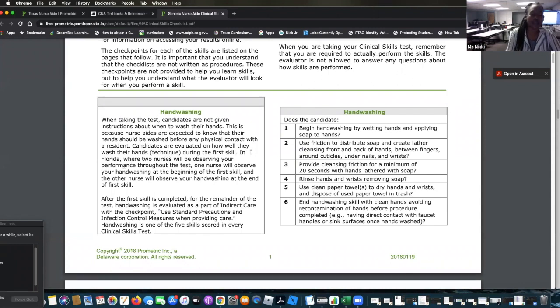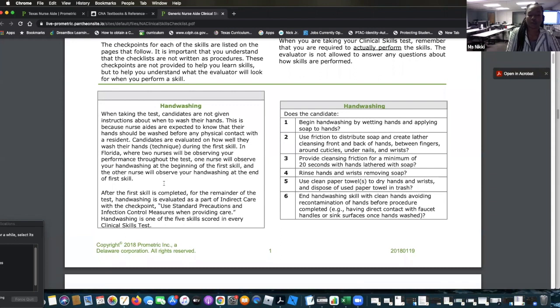Candidates are evaluated on how well they wash their hands, which we call technique, during the first skill. So that just told me my very first skill is hand washing. In Florida, 2 nurses will be observing your performance throughout the test. One nurse will observe your hand washing at the beginning of the skill, and the other will observe hand washing at the end of the skill.